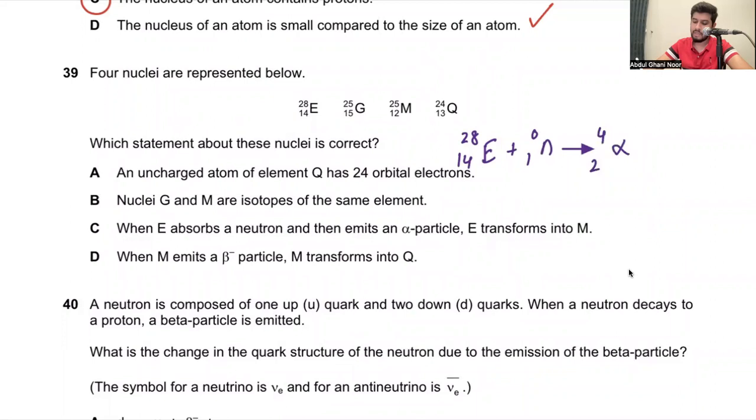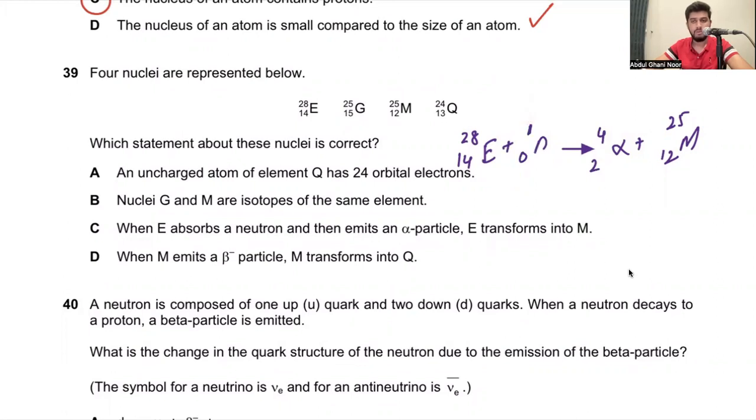And they're saying that it should give you M. M is 25 and 12. So if you were to look at the left, neutron is 1, 0. Sorry, the other way around. My bad. Neutron is 1, 0. The proton number is 0 and the nucleon number is 1.